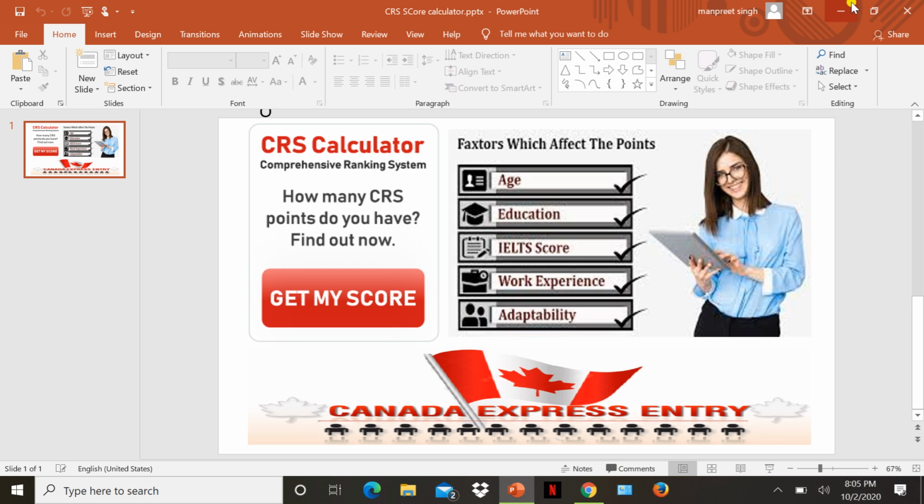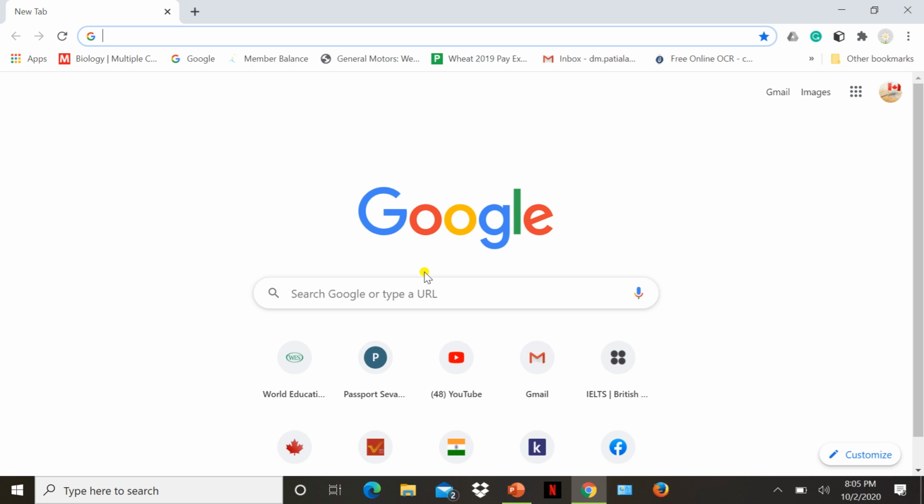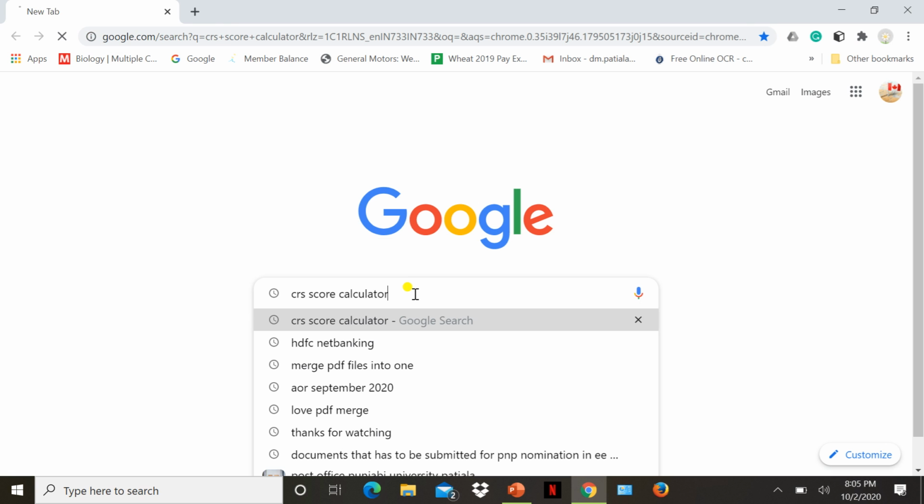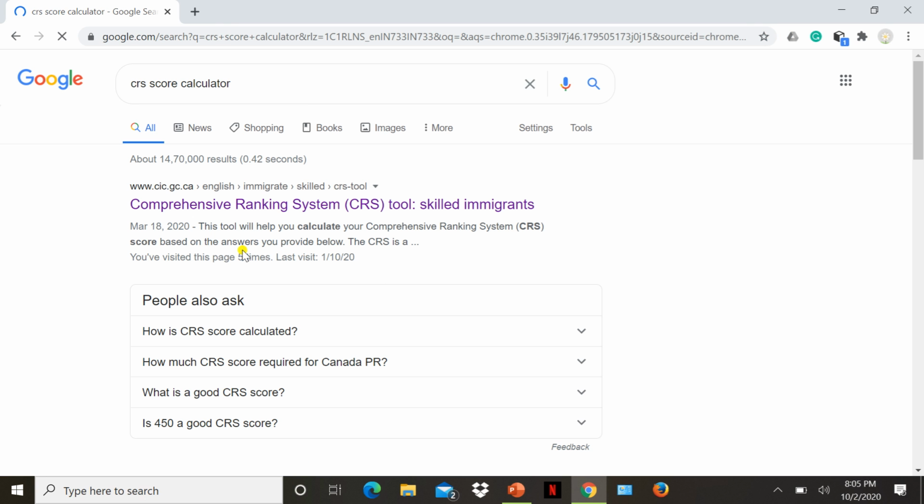First of all, you have to open Google and type CRS score calculator. Then click on the very first link, which is of the Comprehensive Ranking System. It is basically the Canadian official website.